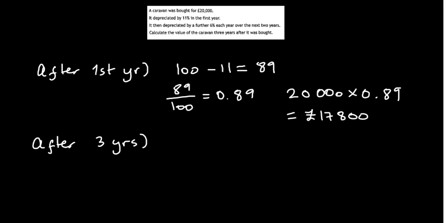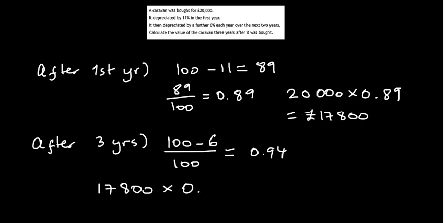And then starting from this value, it decreases by 6% for 2 years. So the new factor of decrease would be 100 minus 6 over 100, and you can do that in steps as before. So 94 over 100, which is 0.94, and then it would just be 17,800 times 0.94 to the power of 2.